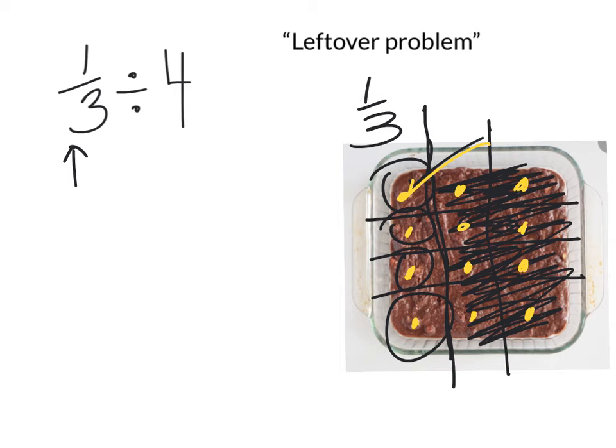If my group of buddies and I were eating and I split up that 1/3 that was left, and each of you had a piece, then the piece that you're eating, I'll go back to my check mark here, is 1/12 of the original pan.